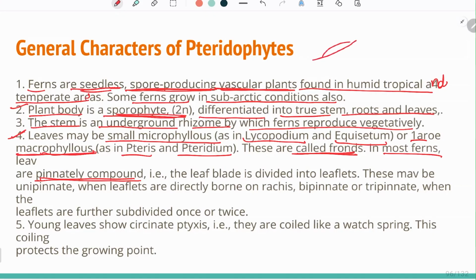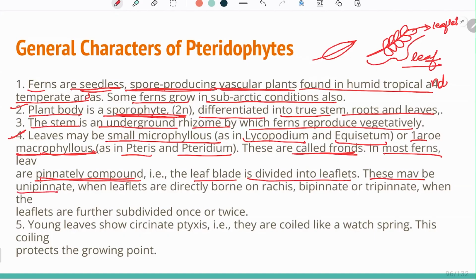They may be unipinnate, when the leaflets are directly borne on the rachis, or bipinnate or tripinnate, when the leaflets are further subdivided once or twice.